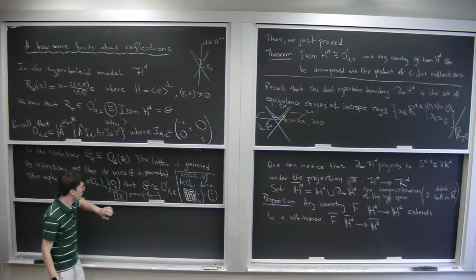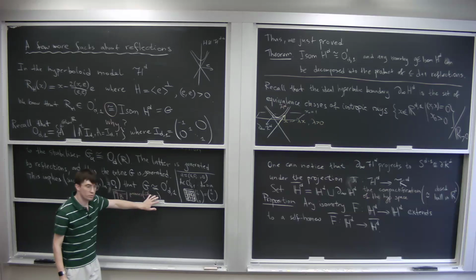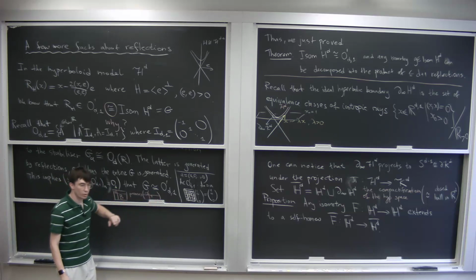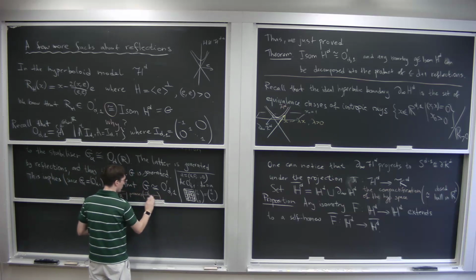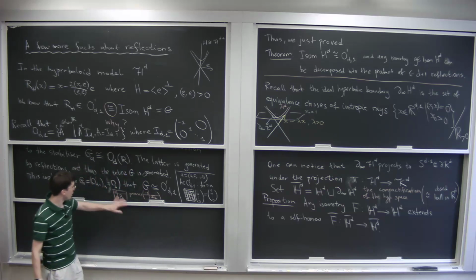So the matrix B preserves the standard form. Actually, it should be just the identity, and this block is the identity.